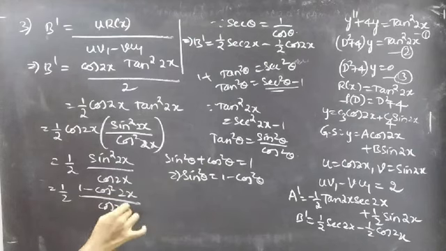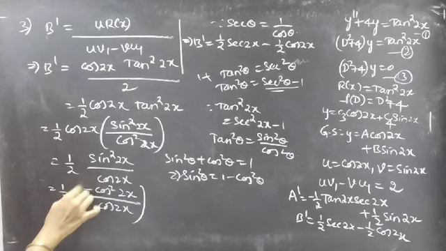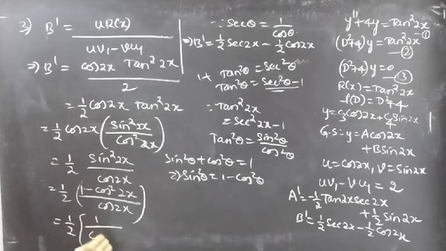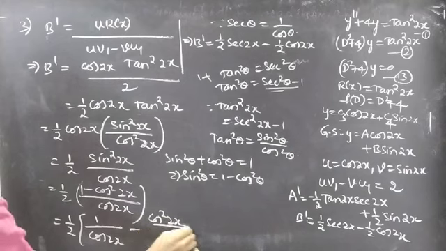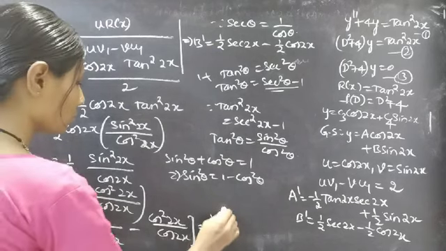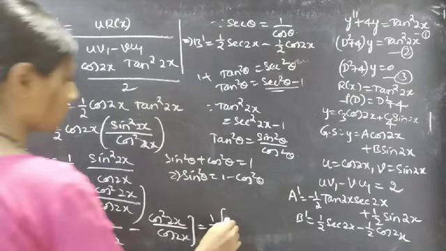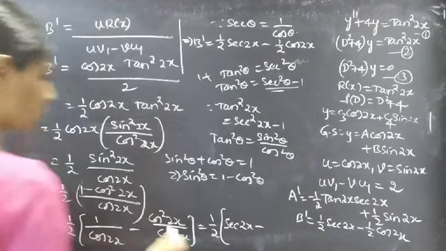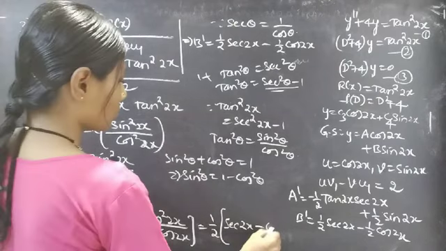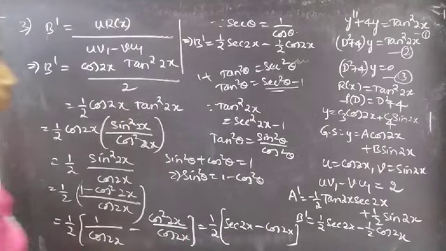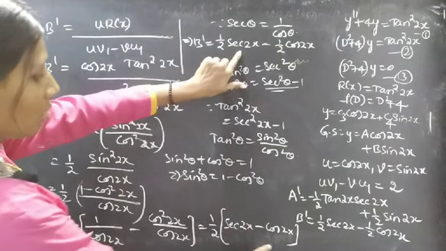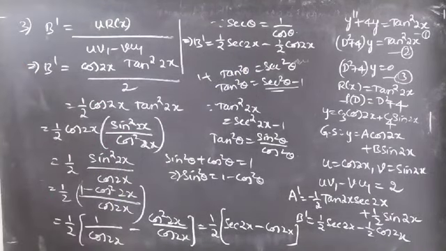So we have two terms in the numerator and one term in the denominator, so we can split this total expression into two terms, and we'll get 1 by 2 into 1 by cos 2x minus cos square 2x by cos 2x, which equals 1 by 2 into, since the reciprocal of cos theta is secant theta, 1 by cos 2x can be written as secant 2x, minus, if one cos 2x gets cancelled, you will get cos 2x, which equals 1 by 2 secant 2x minus 1 by 2 cos 2x. You'll get the same thing. Okay.